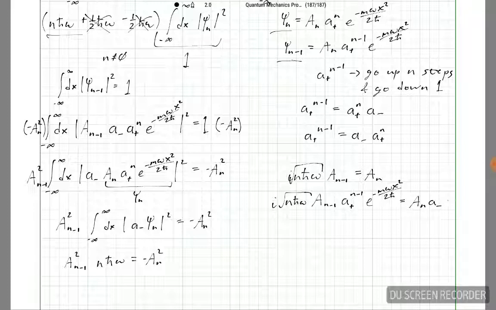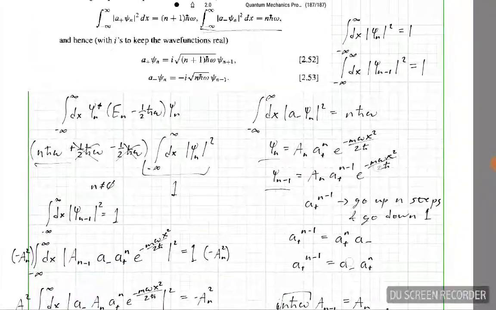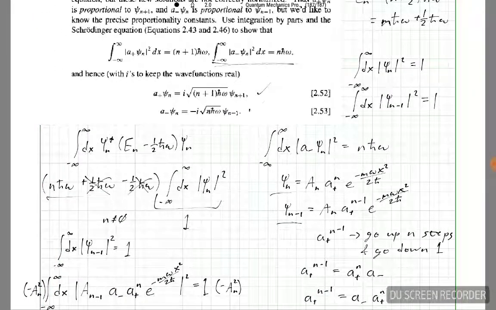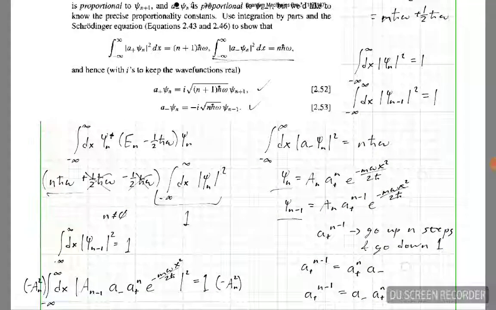Down 1 step, up n steps is the same thing because it is. And then I can move this to the other side, and what I get is the square root of n h bar omega times psi n minus 1 equals the lowering operator acting on psi n. So we got both of those.